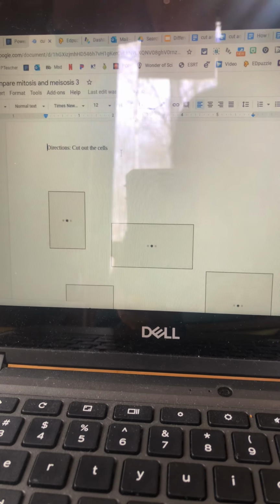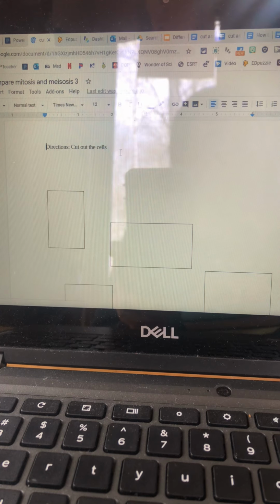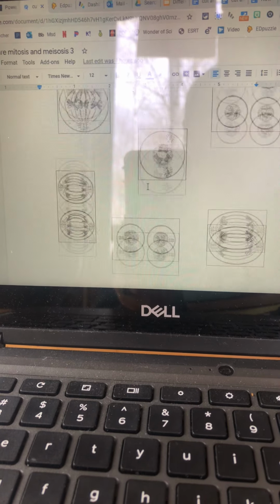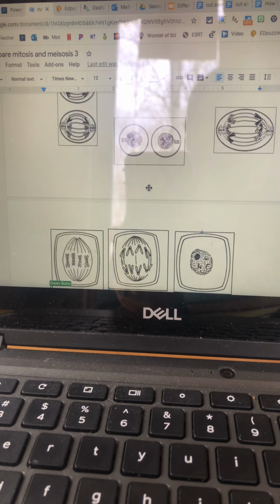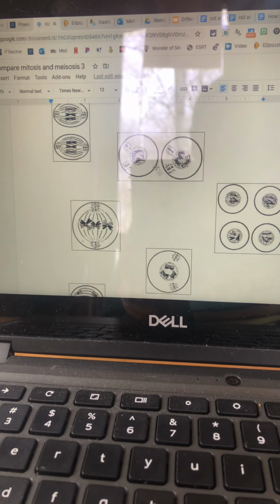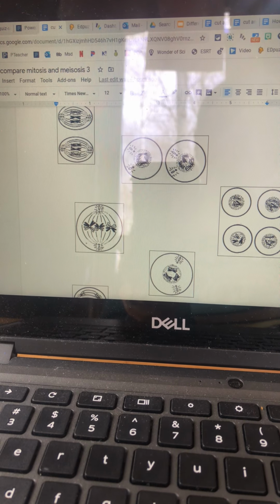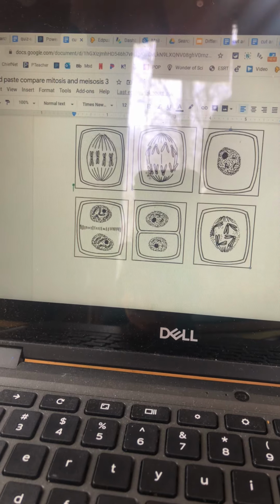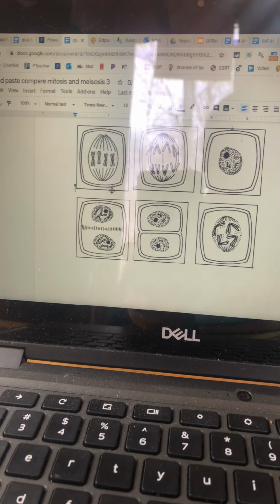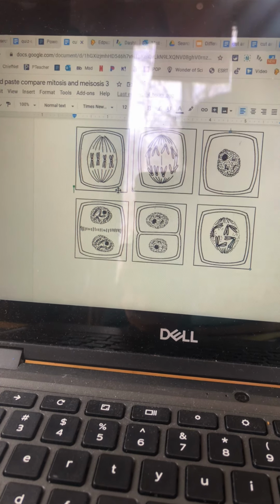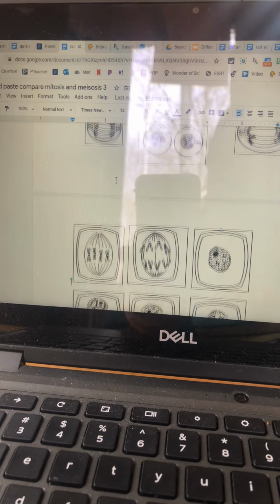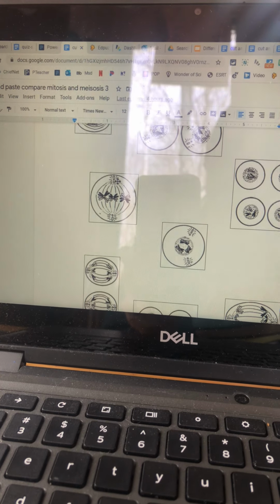So by the time you get to the Google Meetup on Tuesday, I would like you to have all of these cells cut out. And if you'd like to put them in 2 envelopes, this one would be the animal cell envelope. The animal cells are the circles. And then the second one are the plant cells, and put them in a separate envelope or a paper or a little plastic bag, or put them together with a paper clip.